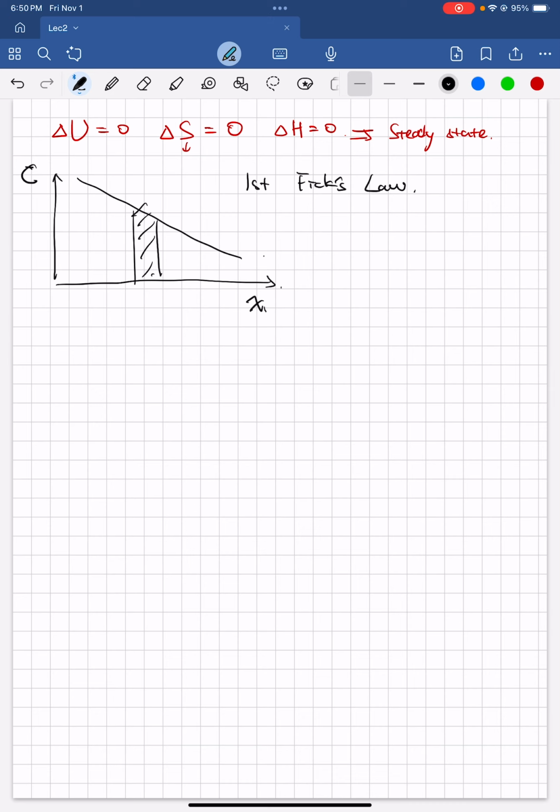Fick's first law is for steady state cases, where the gradient doesn't change with time.